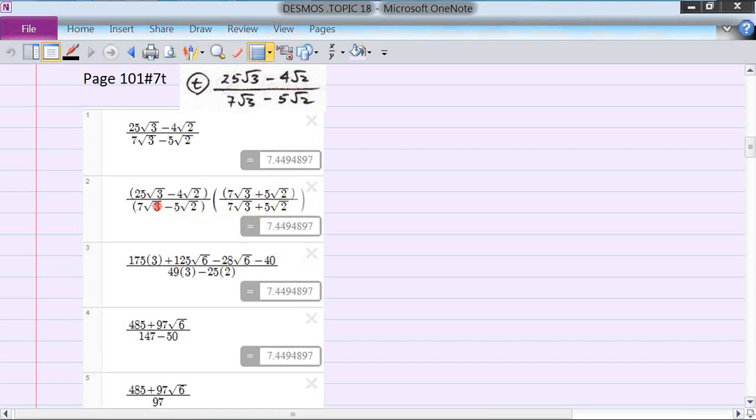So I just take this, square it, which is 49 times 3 minus b squared, which is 5 times 5, which is 25, and root 2 times root 2, which is 2. Now, when I add this, which will be, let's see, 525 minus 40, I get 485.